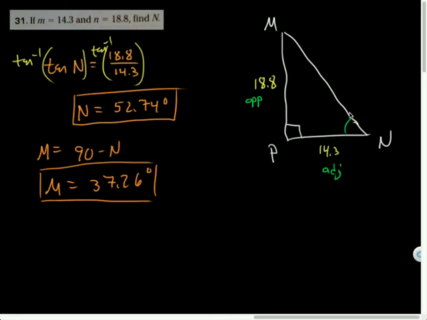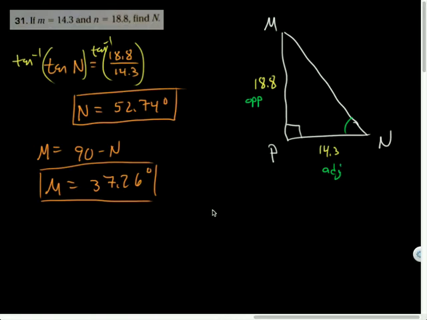If I wanted to use angle N's perspective, I could have used sine and compared this to that. It should equal the sine of my angle, 52.74. I could have used cosine of this to that, would equal the cosine of this angle, and ended up solving it that way. But you also could just do the Pythagorean theorem just as easily.